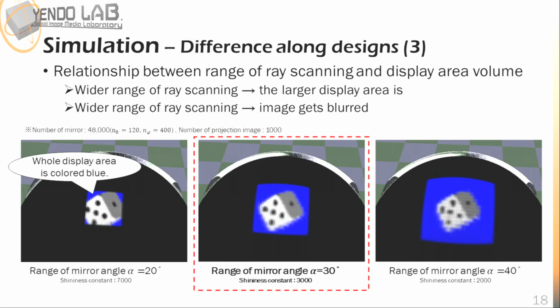The whole area of the display zone is colored. By enlarging the swinging range, a larger volume of the display area is achieved. However, the image quality gets worse because the resolution of redirection gets worse.